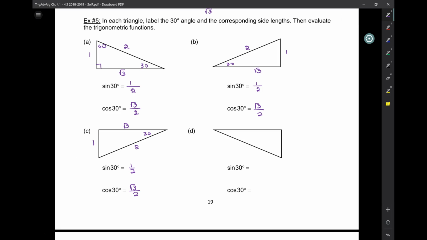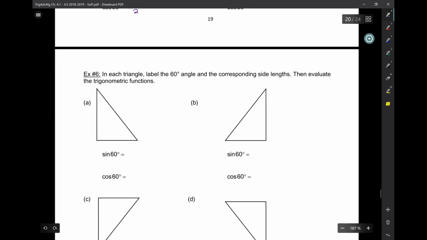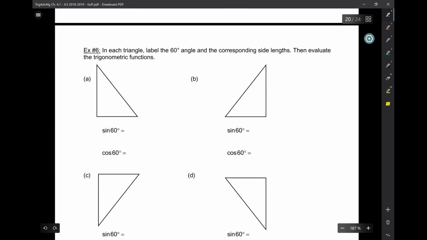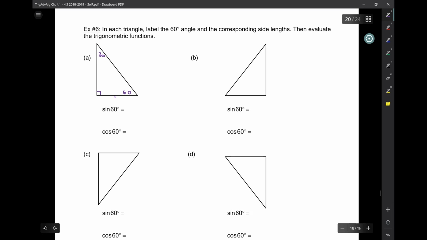Now let's move on to here, 60 degrees. So in this case, if this is the 90, then here we have 60 and 30. And now where does the 1 go? Vertical or horizontal? Horizontal. Horizontal is 1, and this is root 3 and 2.